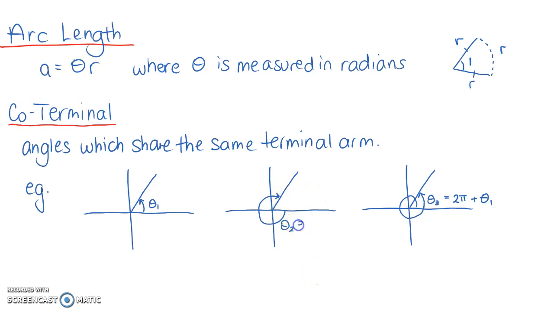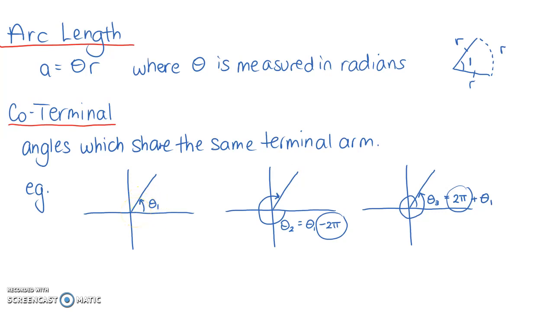So this angle is equal to our theta 1 minus 2 pi. You can see that all these angles that have the same terminal arm are based on multiples. If I went around twice, I'd have a 4 pi. So they're all based on multiples of 2 pi, adding or subtracting 2 pi to your initial angle in standard position.